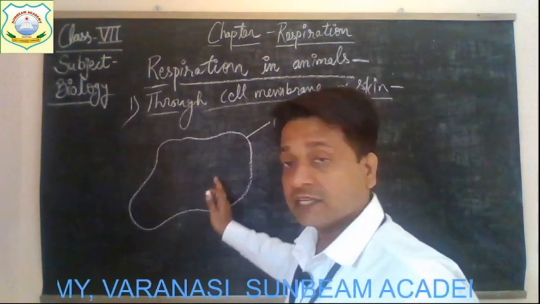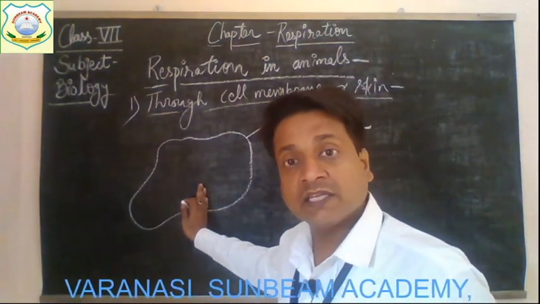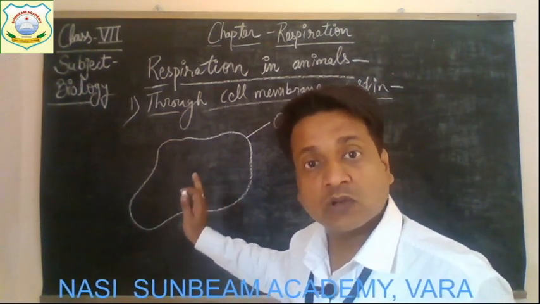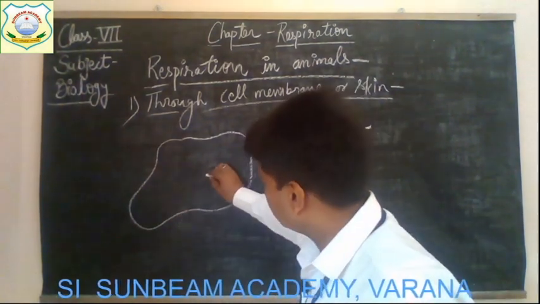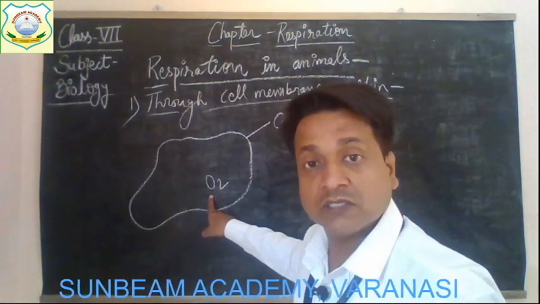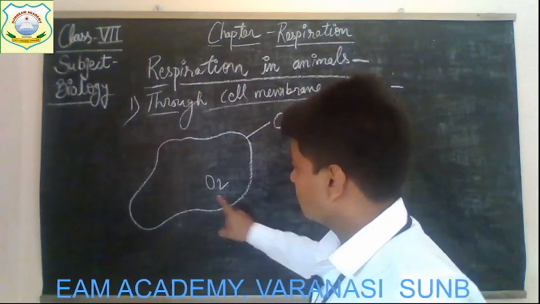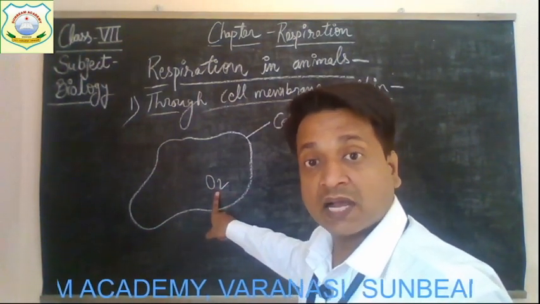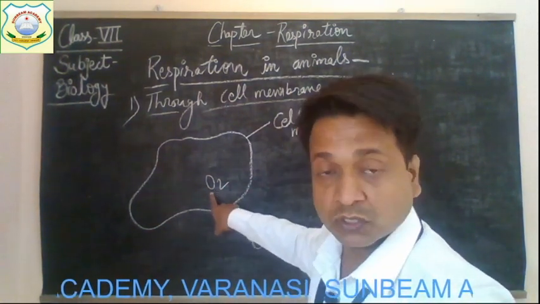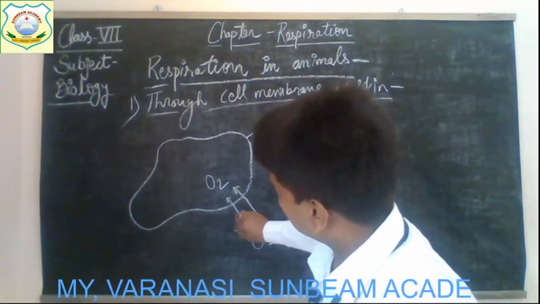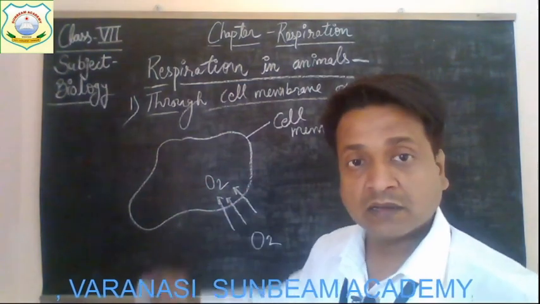During respiration, when oxygen gets consumed by the cell or by the body, the concentration of oxygen inside the body gets reduced as compared to outside. So the movement will occur from higher concentration to lower concentration, and as a result oxygen enters the body.